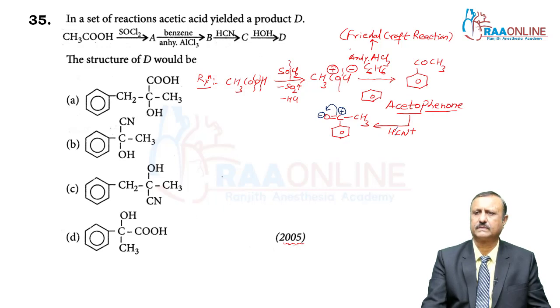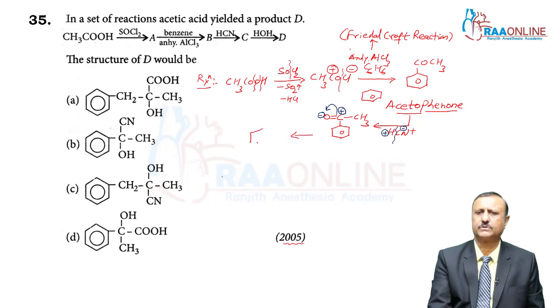HCN breaks down into a positive part and a negative part, and you can get the addition product. You can write here the addition product of this compound: C, OH, CN, and CH3.